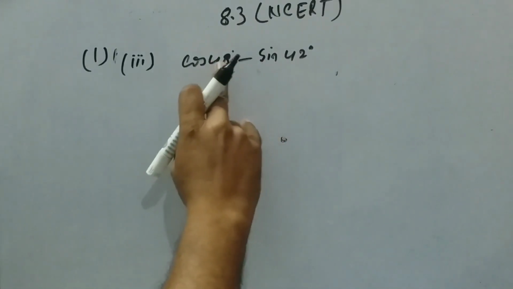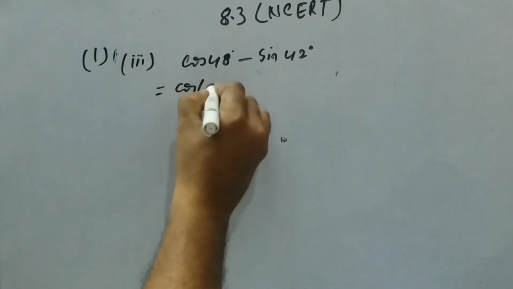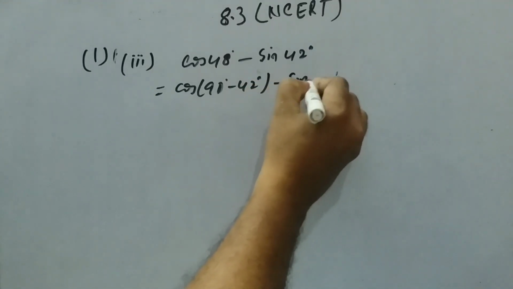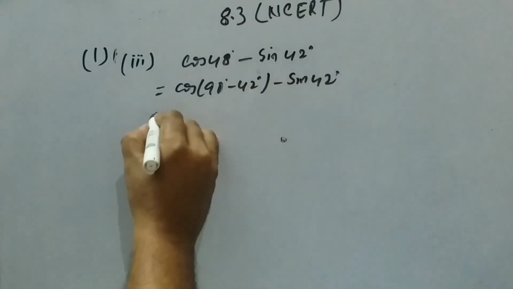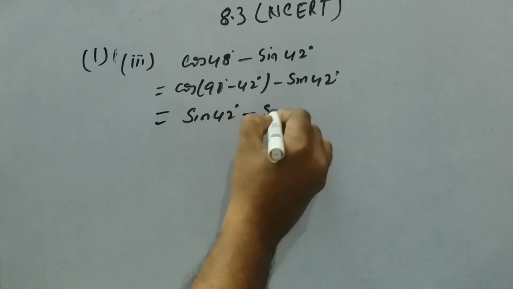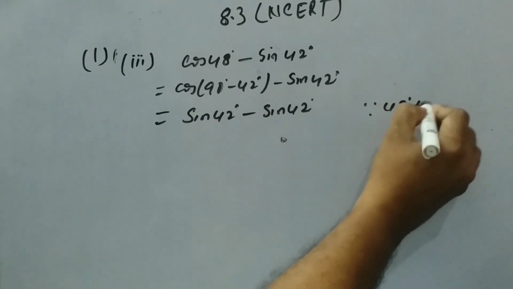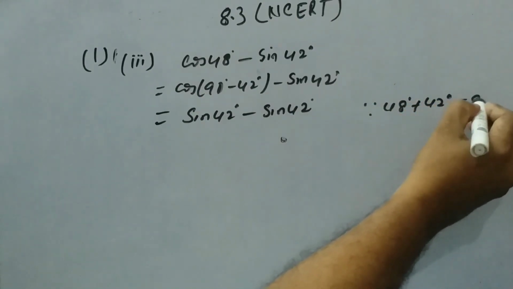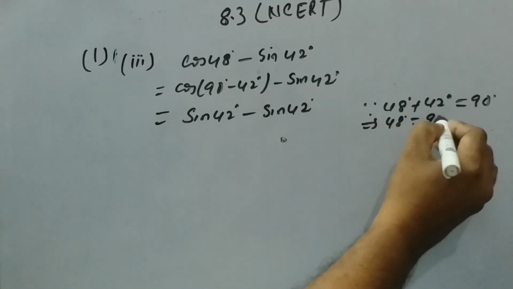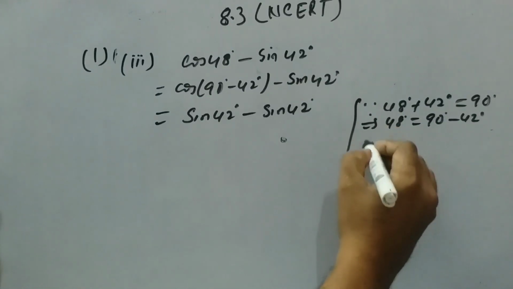Therefore you will change the bigger one, that is 48, and you will write here 90 degree minus 42 degree. This becomes sin 42 degree minus sin 42 degree. Since 48 degree plus 42 degree is equal to 90 degree, this implies that 48 degree is equal to 90 degree minus 42 degree.